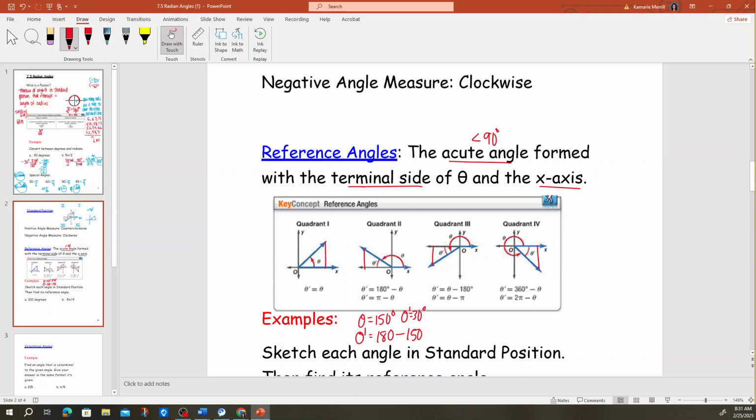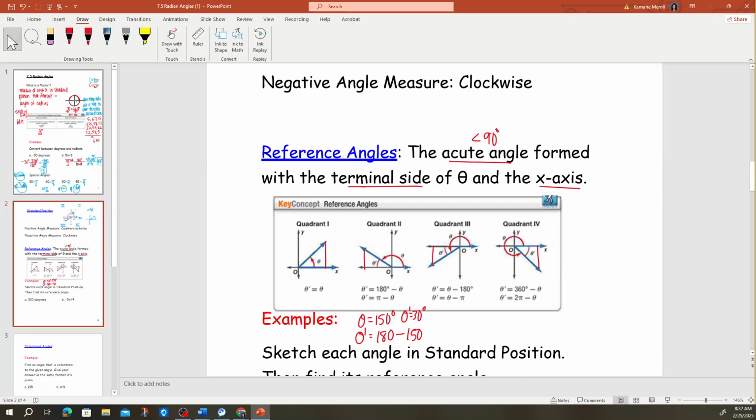I'm not quite to 360, so you do 360 minus your angle to get the leftover. It's either 180 minus your angle, or your angle minus 180, or 360 minus your angle, to get that small reference angle. It's more intuitive than memorizing this little graph.